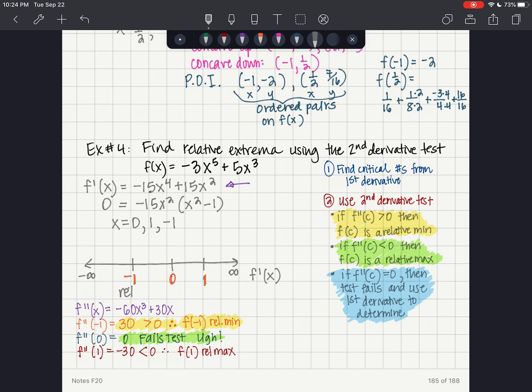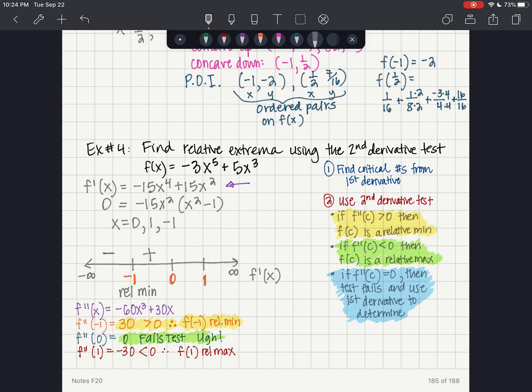Negative 1, that's going to be a relative max. No, relative min. Sorry, I was looking. It's a relative min. For it to be a relative min, that means that we were decreasing and then increasing, right?